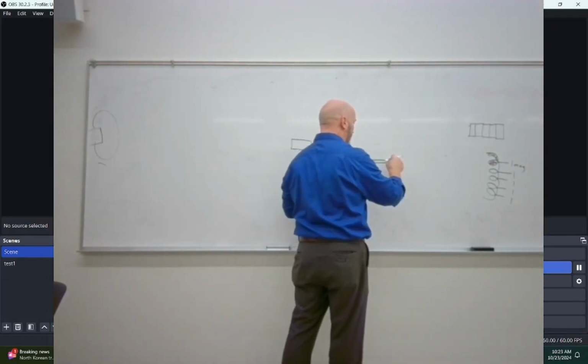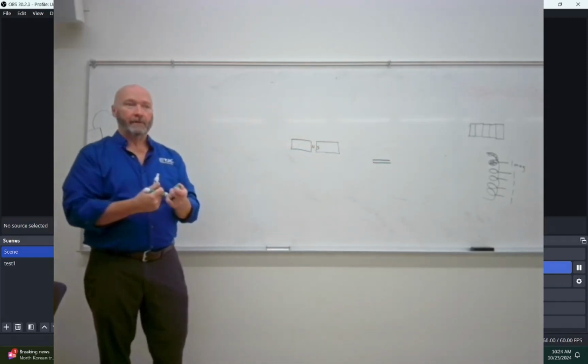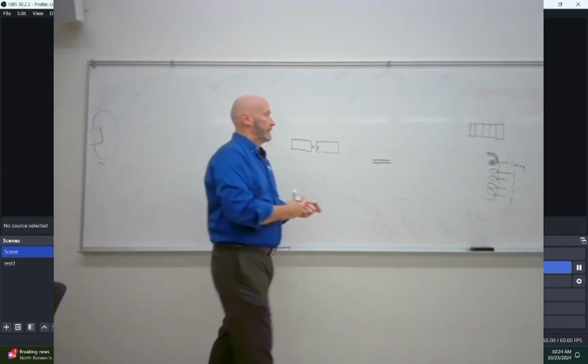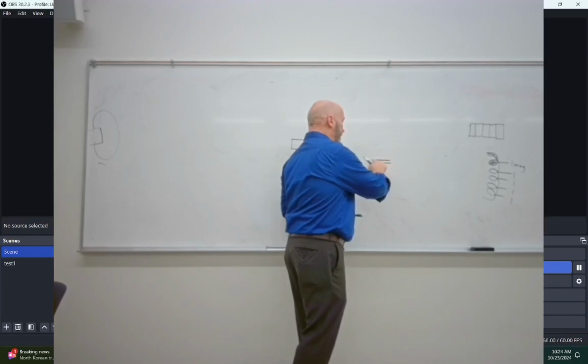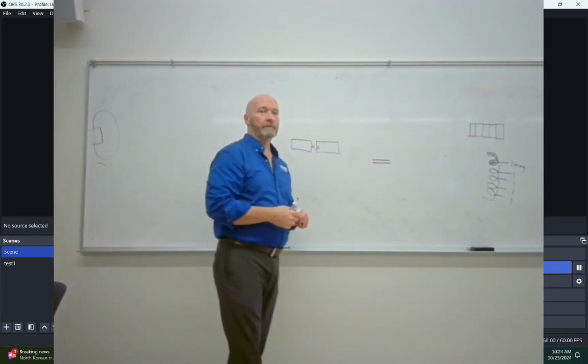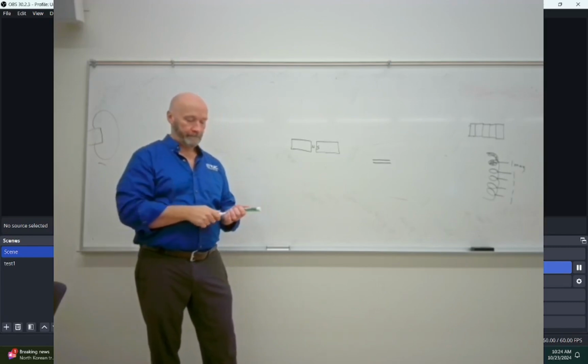Would they stick together? Probably not. They're just very weak magnets. Okay. So what if I remove that? I put them together. What would I have? They'd stick together and probably make a stronger magnet. Okay.